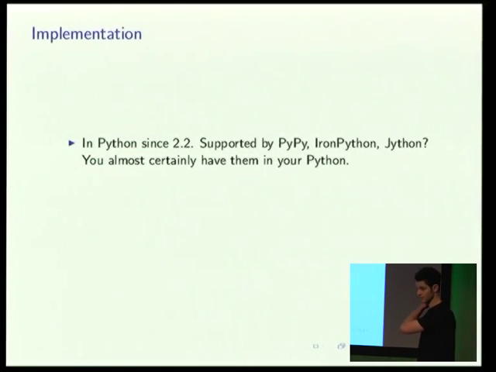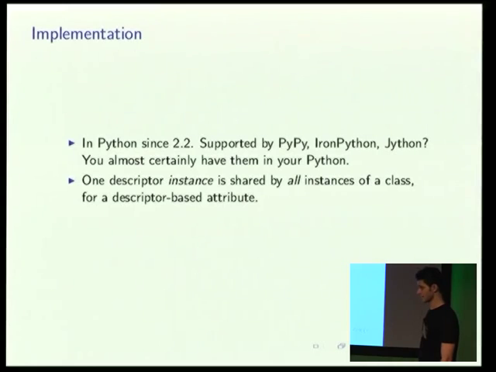So implementing descriptors. They've been around since Python 2.2. They're in all of the alternative implementations. So you can almost certainly use descriptors. If it wasn't apparent, I'd just like to reiterate the point that a single descriptor instance for a given attribute is shared by all instances of that class.